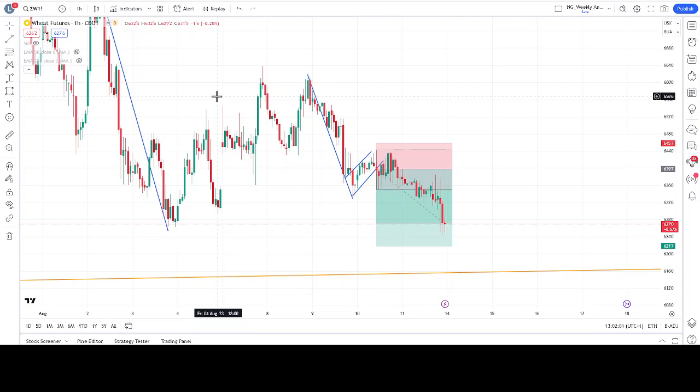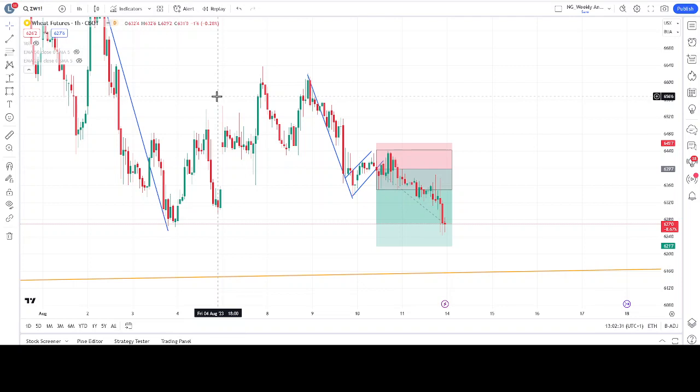Of course, you can try to trade on different time frames, but for me, the hourly is the best time frame, because if you go a bit on the lower side of time frame, you usually get distortion and noise, and if you go on the higher side, then it tends to be big, maybe positional, or the trade is taking longer time to execute. So for me, the hourly is a perfect time frame.